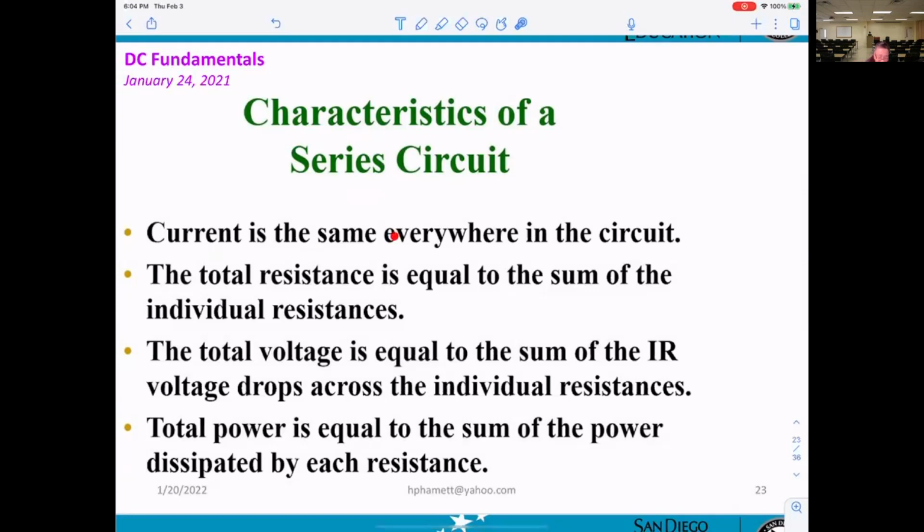Current is the same everywhere in the circuit for the series. The total resistance equals the sum of the individual resistances. Total voltage equals the sum of the IR voltage drops across the individual resistances.